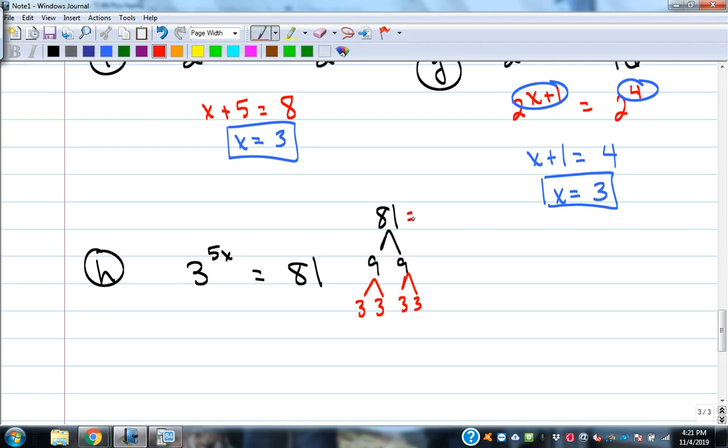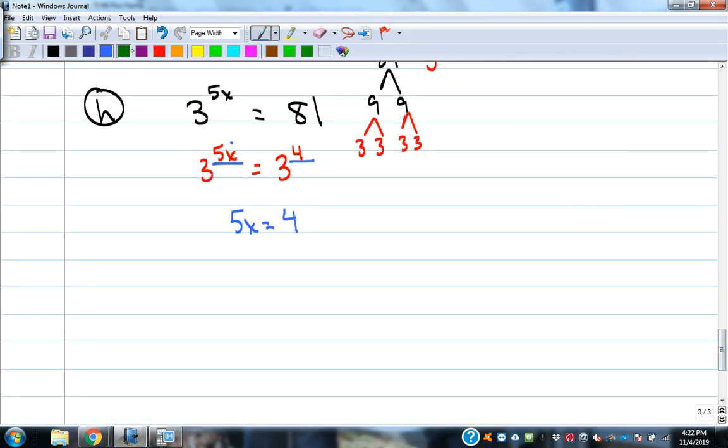So 81 is actually 3 to the 4th power. So we have 3 to the 5x is equal to 3 to the 4th. Since the bases are the same, then that 5x and that 4 are my equation. So 5x is equal to 4, and then divide by 5. And we get a fraction as an answer, and that's quite okay. That happens.